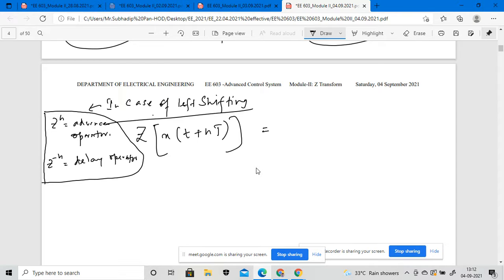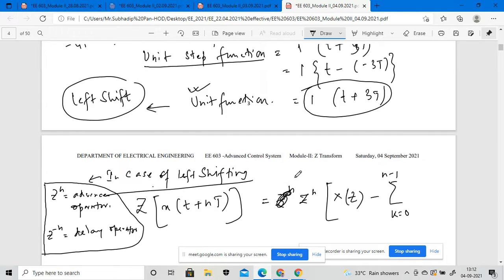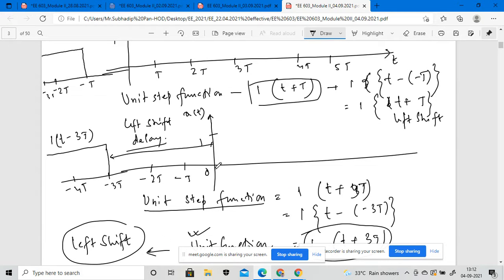Now you have the z transform of this particular function, the unit step function. If I take the z transform of this, it will come z to the power n, that means advance operator, into X of z minus the summation of k equals 0 to n minus 1, as we are considering this part, that means negative slope.